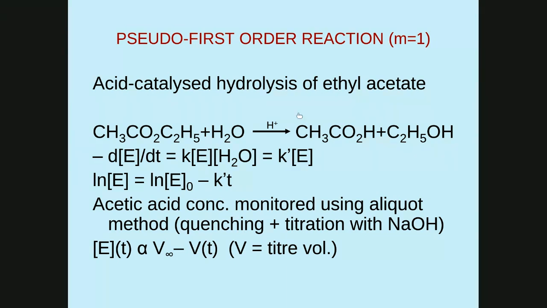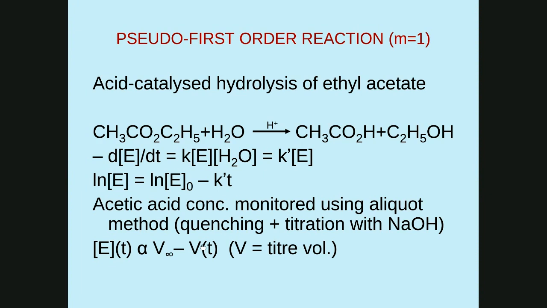So V infinity you can consider a measure of the initial concentration of ethyl acetate. That is the maximum value. At time t, Vt is a measure of the amount of ethyl acetate that has been converted up to that point. That means the difference between the two measures the amount of ethyl acetate remaining at time t.